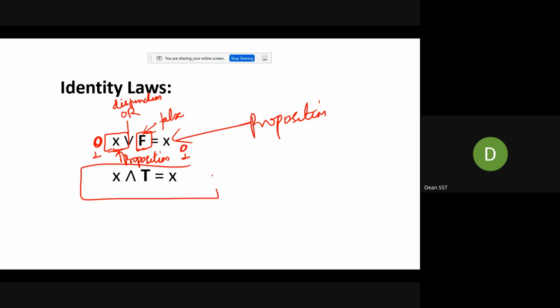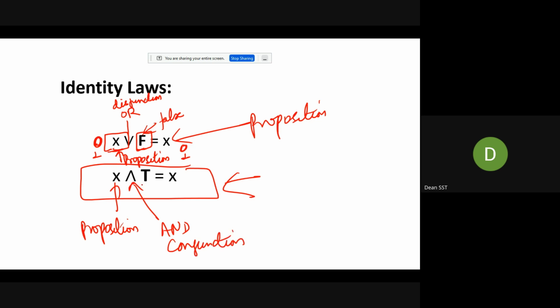In a similar way, if a proposition is ANDed, that is conjunction, with a true value, true value means 1, the result is always the proposition. If x is 0, the result will be 0. If x is 1, the result will be 1.